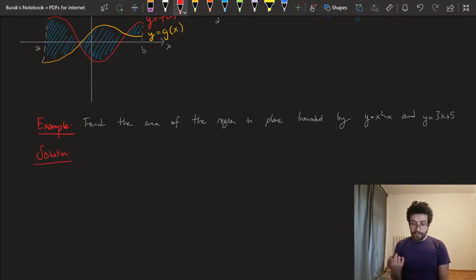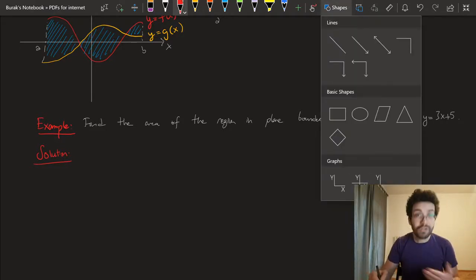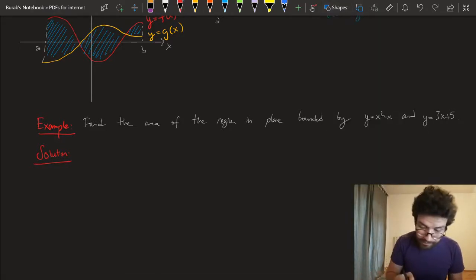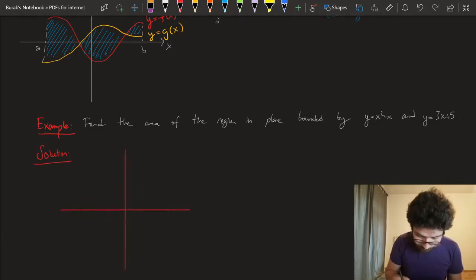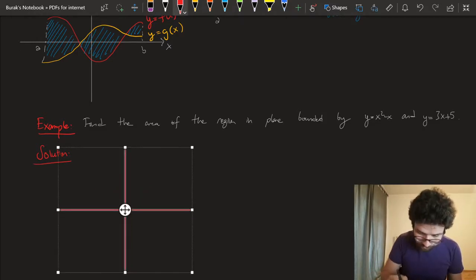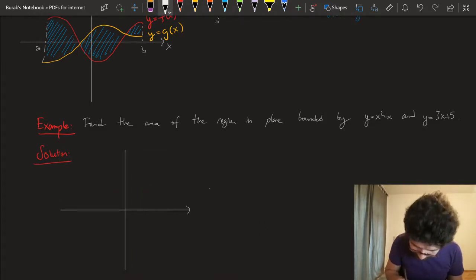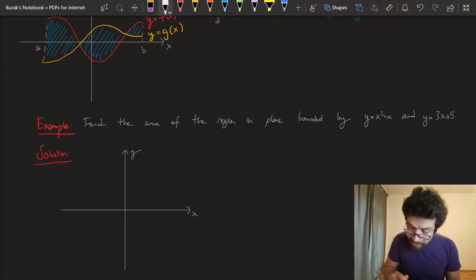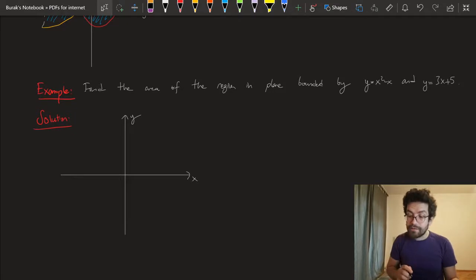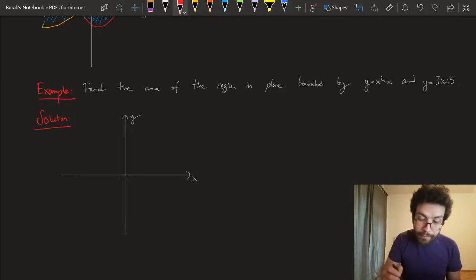So let me first try to draw a picture so that I can actually see this region. So these are my coordinate axes. The curve y equals x squared minus x is a parabola where the roots are 0 and 1.